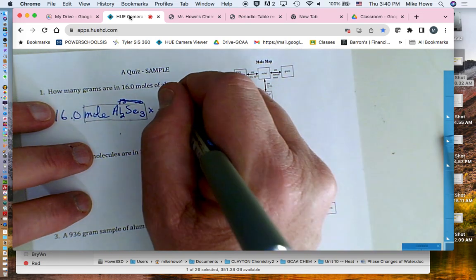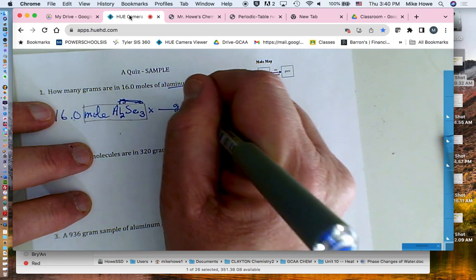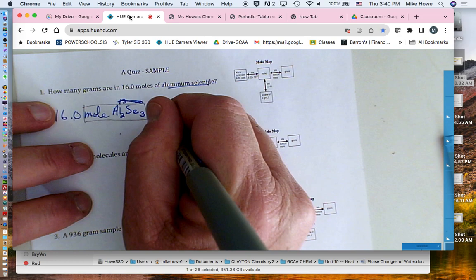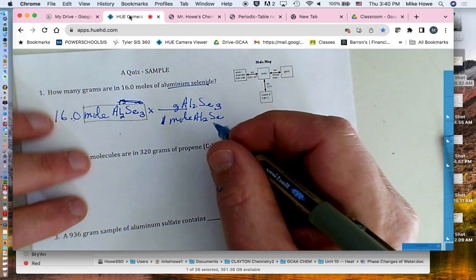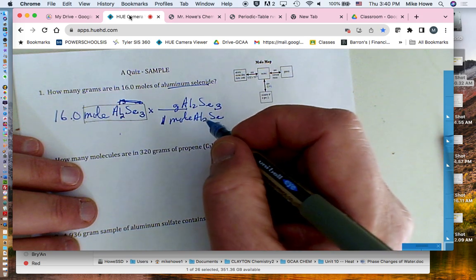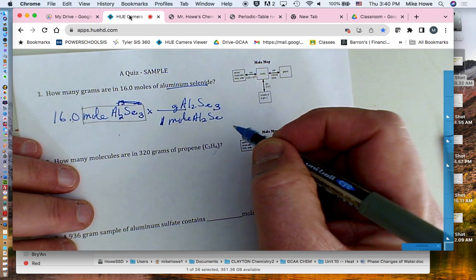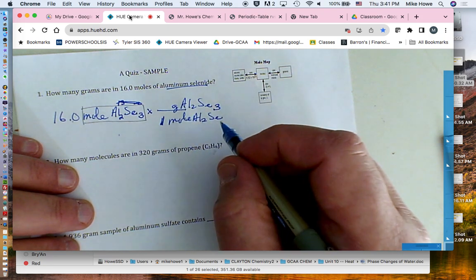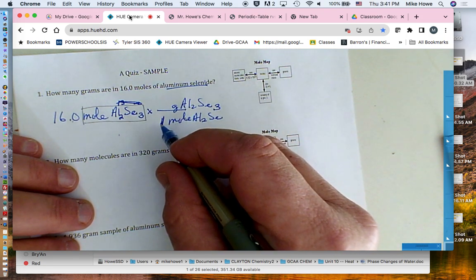On the top, you'll put grams of aluminum selenide. 1 goes with moles. And on this quiz, 1 will always go with moles. In the stoichiometry homework that we've done, 1 always goes with moles except in the mole ratio. But on this quiz, there was no mole ratio, so 1's going to always go with moles.